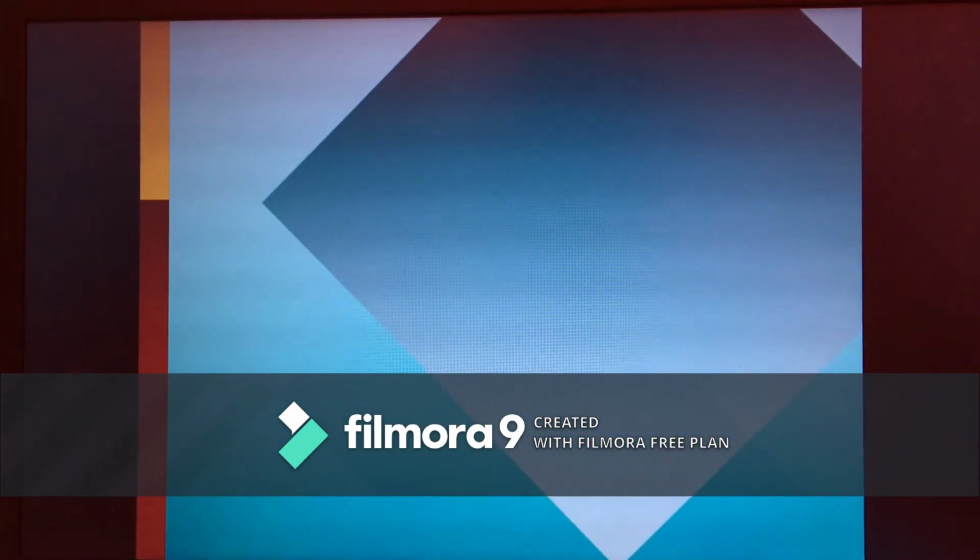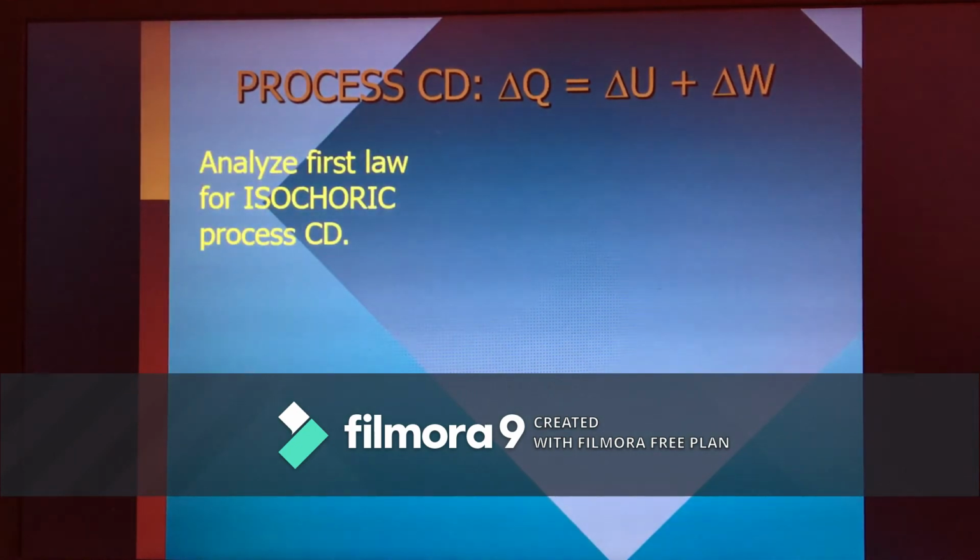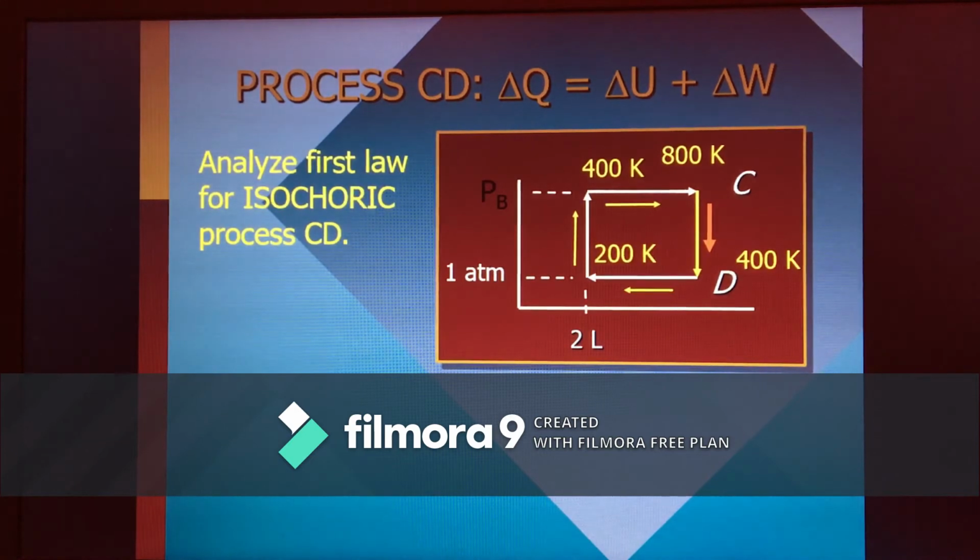Now for the process CD, again this is an isochoric process because the volume is constant. From C to D, this is isochoric because the volume is constant at this point, that is 4 liters.